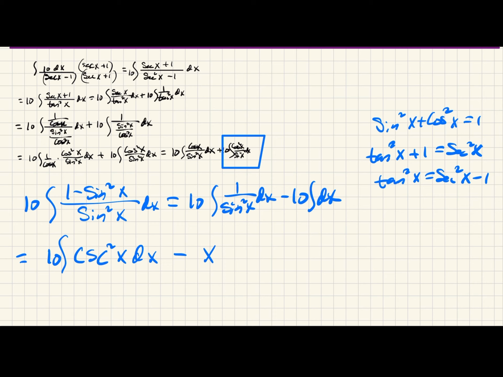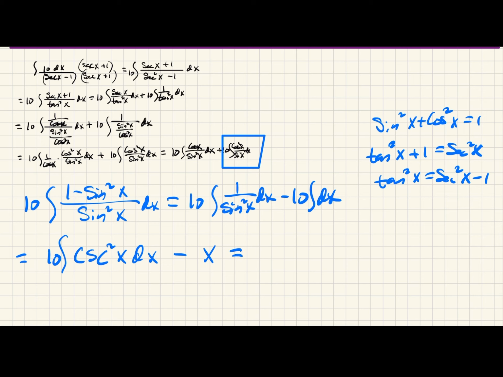That 10 integral cosecant squared x dx has a built-in constant, and we are still yet to finish integrating, so we still have a constant to add. Now I could put it and say I have a second constant here, but when I add two constants together, I just get a constant. I've got a C1 and a C2, put them together, I still have a constant. I can just call it C.